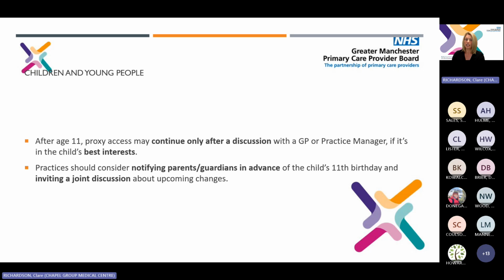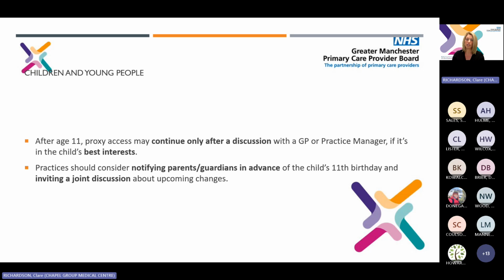Parents and guardians can continue to have proxy, but it's after careful discussion with whoever is in charge of that at your practice. It could be your practice manager or a GP, or if it's felt to be in the child's best interest.